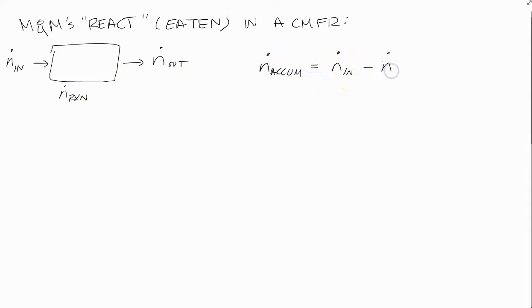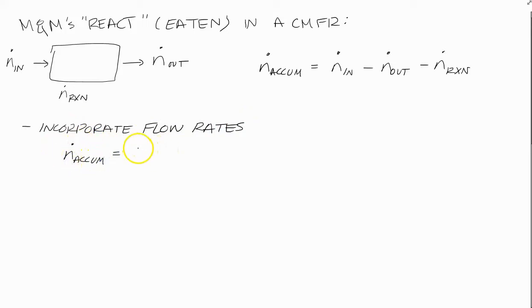So here I'll just write my mass balance equation. We've got accumulation equals in minus out minus, in this case, the reaction. What we also did in that example was incorporate flow rates.